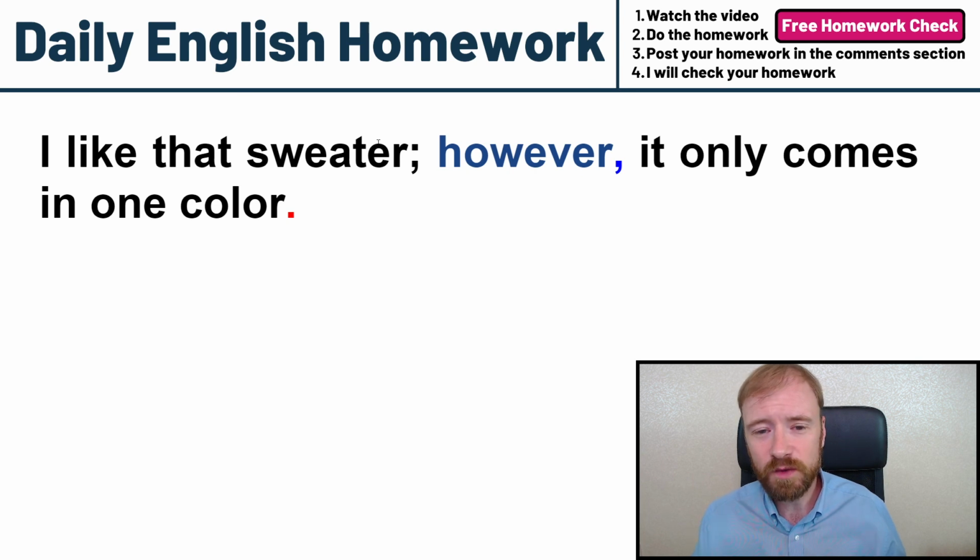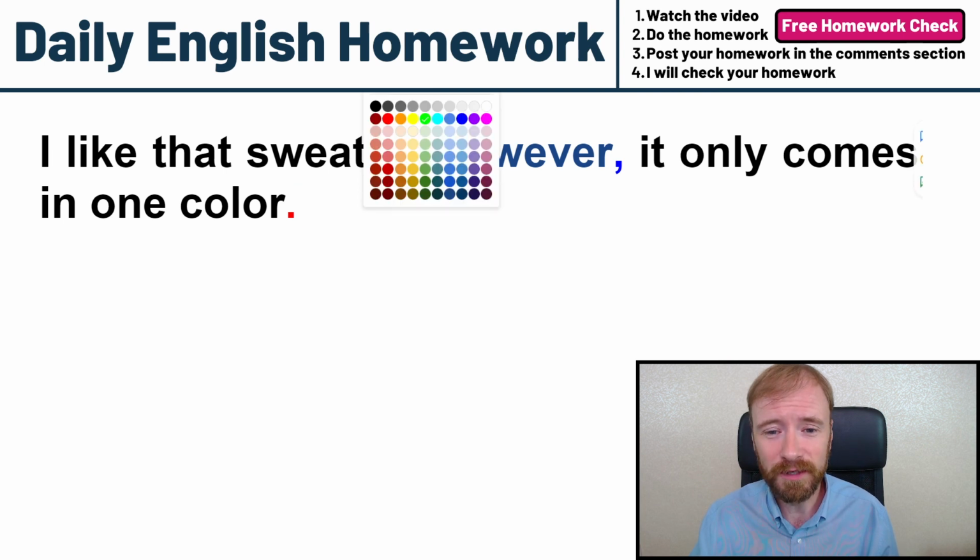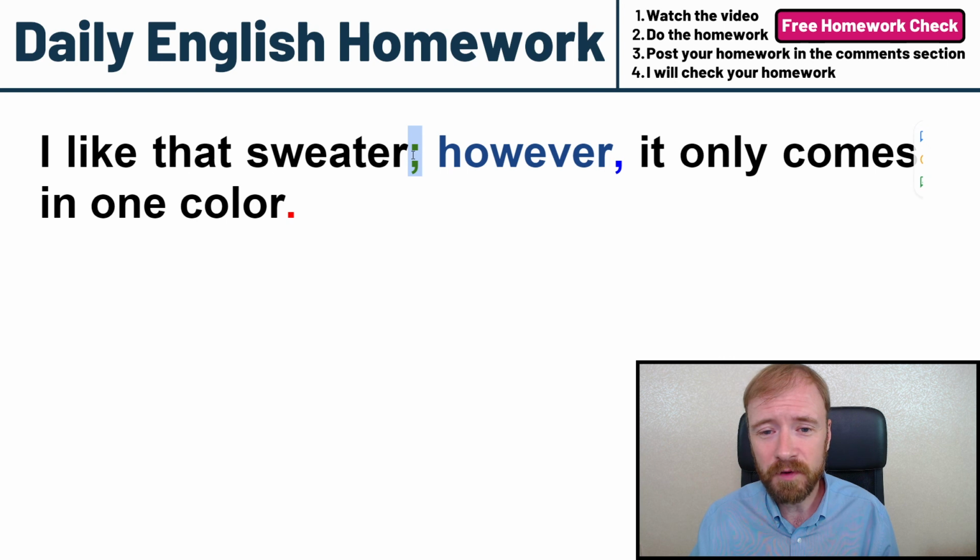I like that sweater, however, it only comes in one color. So with this, however, I have a comma here. Now, a lot of you might be focused over here on this semicolon. Hey, Robin, when do we use a semicolon? Well, with however is one place, but this video is about commas. I'll talk about semicolons in another video.